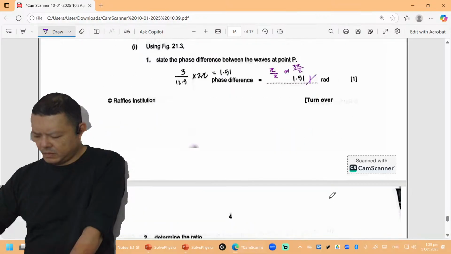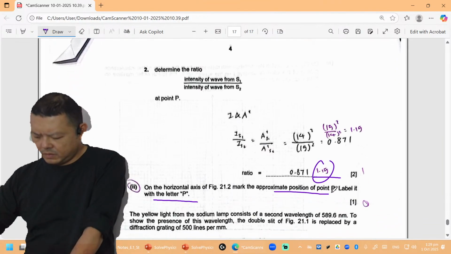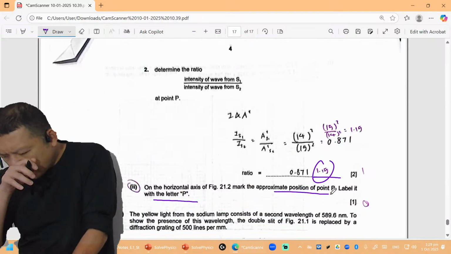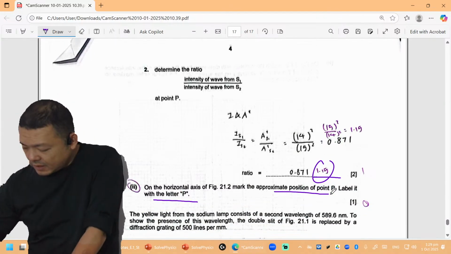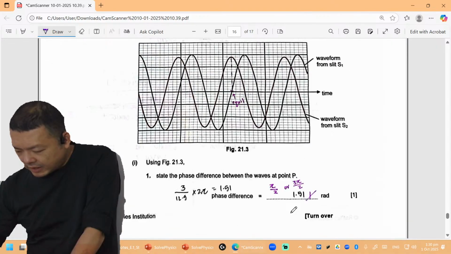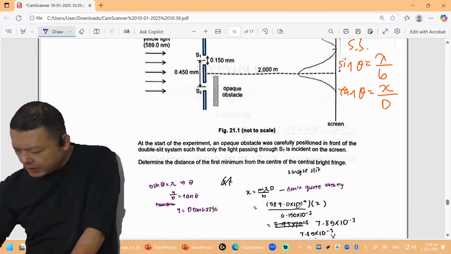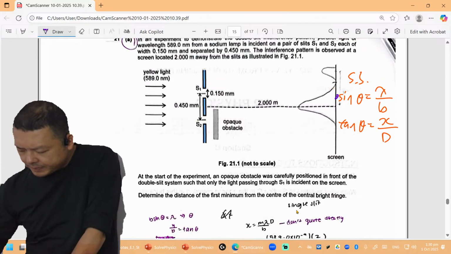Hmm. Okay, this is really annoying because I haven't read the question yet, and I don't have the full picture.